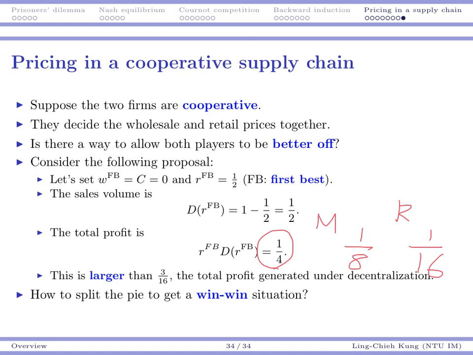It depends on whether consumers can buy cheaper products. That's something the consumers care about. Think about it by yourself. If you are a consumer, do you prefer the supply chain to be coordinated or decentralized? Let's discuss it in class.